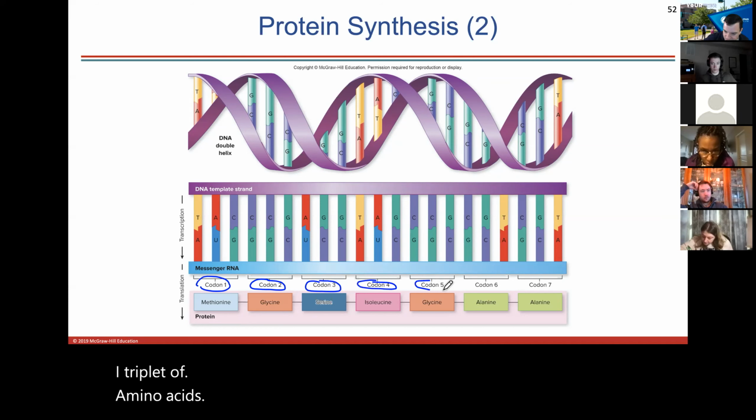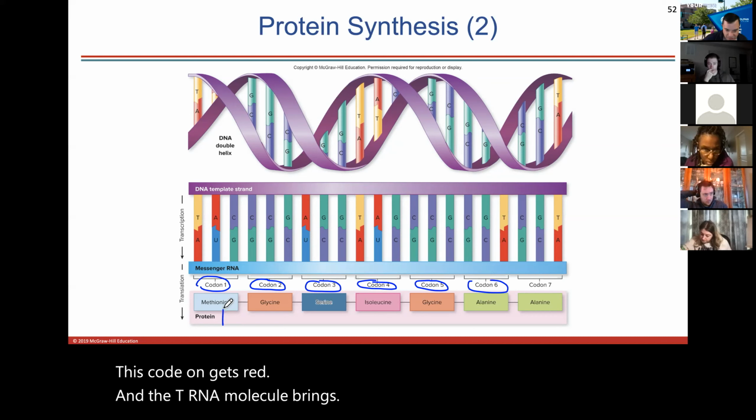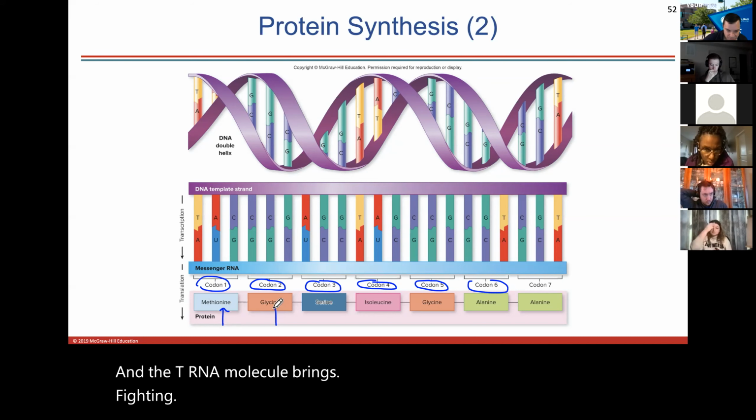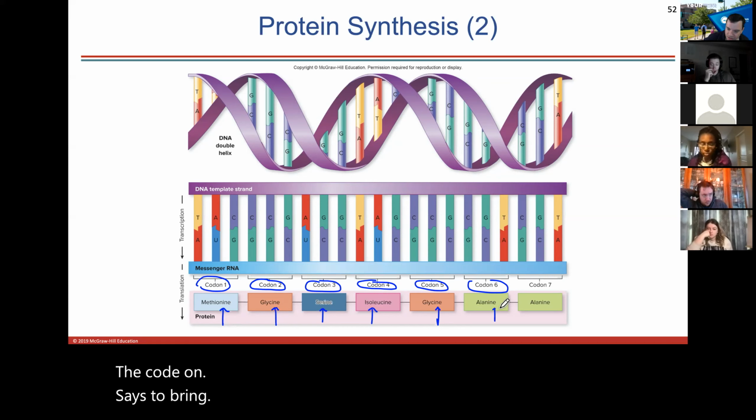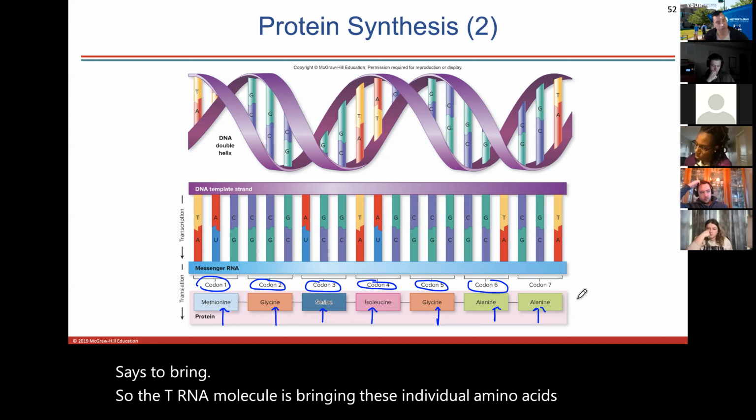This codon gets read, and the tRNA molecule brings methionine. We'll bring whatever the codon says to bring. So the tRNA molecule is bringing these individual amino acids to the ribosome.